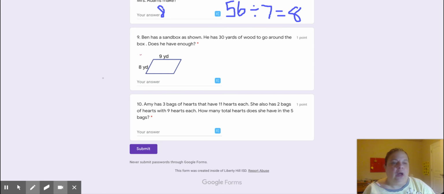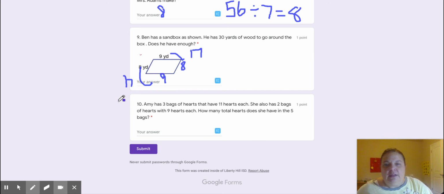All right. Number 9. A lot of you got the right number and figured out the right perimeter for this, but I'm not sure you understood what the question was asking. If I label my other sides, I have a 9 here and an 8 here. Well, 9 and 8 is 17, and I have that twice. And 17 and 17 is 34.